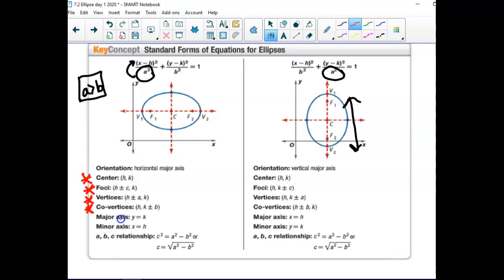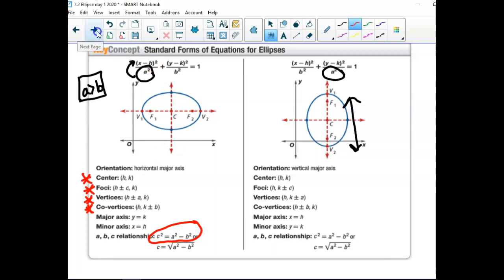You do not have to state an equation for the major or minor axis, but you do have to know how to find, look, the focus is C, right? You have to know how to find C. The calculation to find C is a weird Pythagorean theorem. Instead of a squared plus b squared, it's a squared minus b squared. What that does is it brings the focus inside of the ellipse. If you were to add, it would be outside, and then it would be a hyperbola.